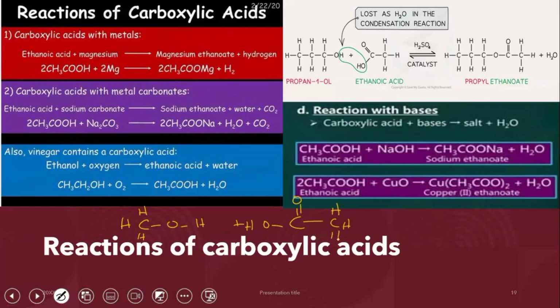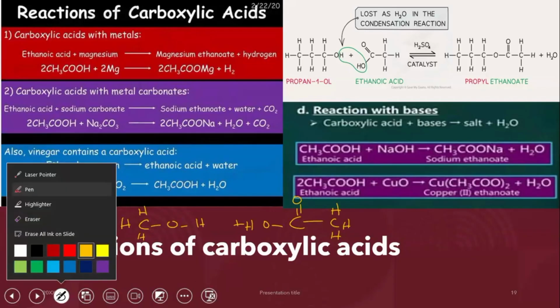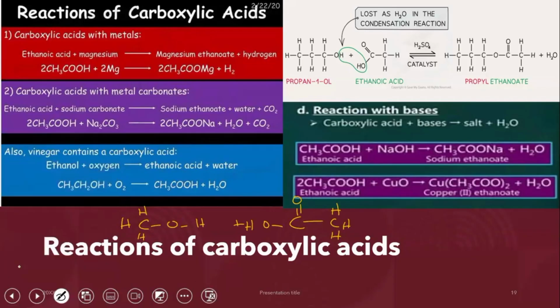Now, what is going to happen is that the hydrogen from the carboxylic acid and the OH group from the alcohol will combine with each other and form a molecule of water.